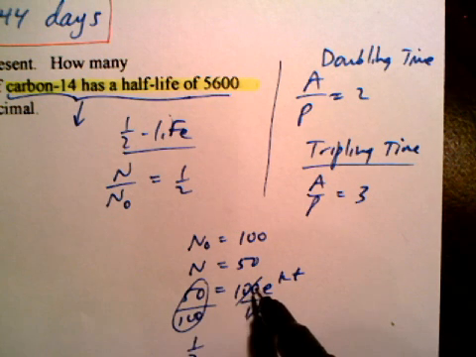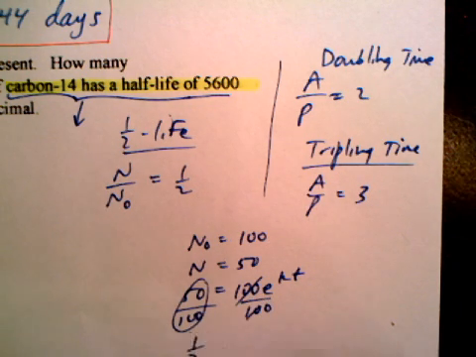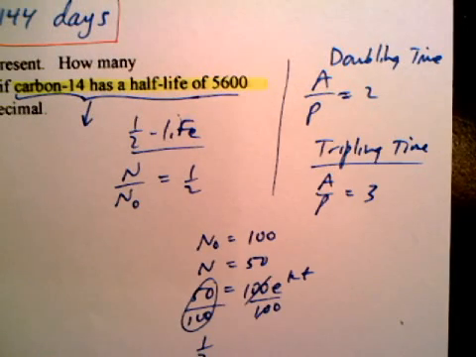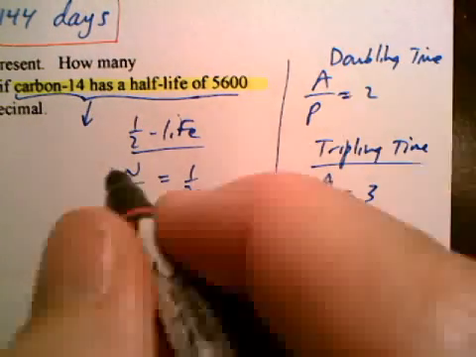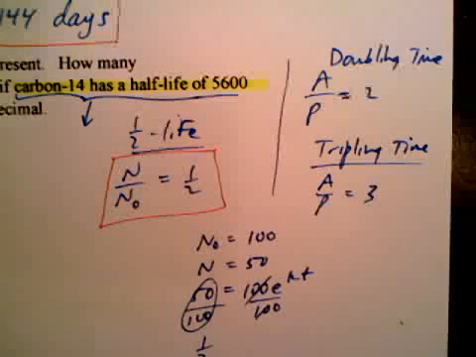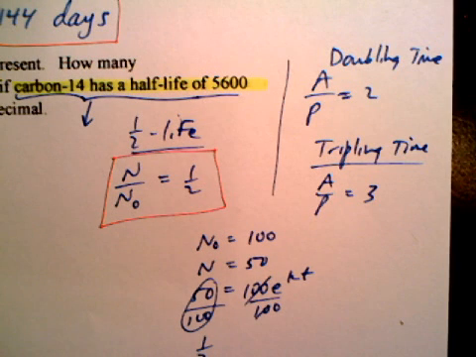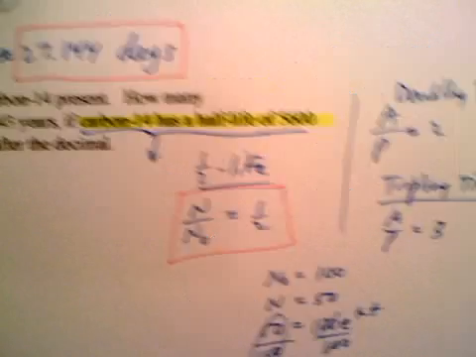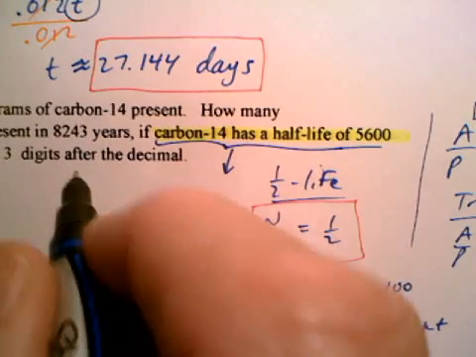No matter what, when you divide by n sub 0, you get 1/2. Hopefully you'll remember that concept so you don't get confused when you see the words half-life. The half-life being 5,600 years helps us figure out what K is, so that's a very important piece of information.